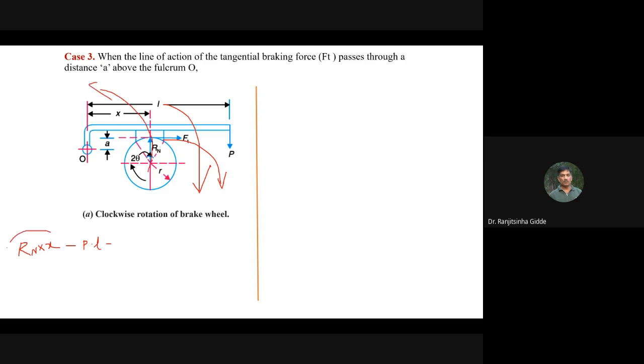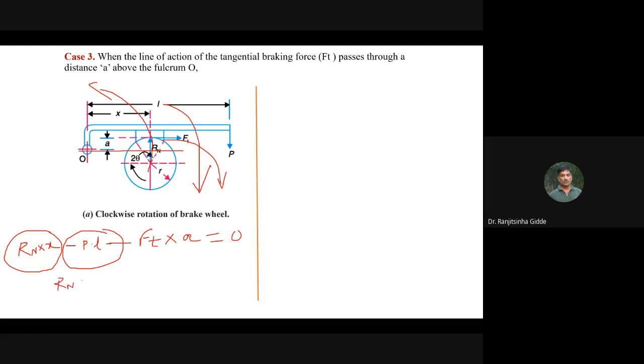So here it is plus, minus, and again Ft into a. So anti-clockwise as positive and clockwise as negative is equal to 0.